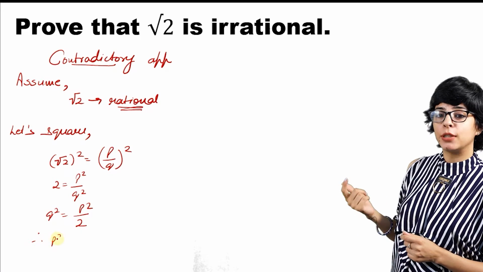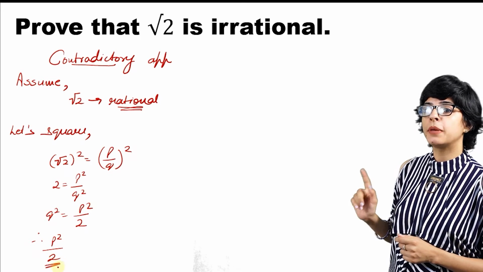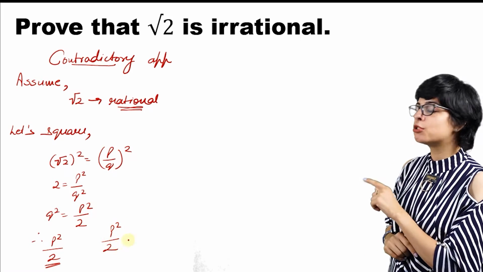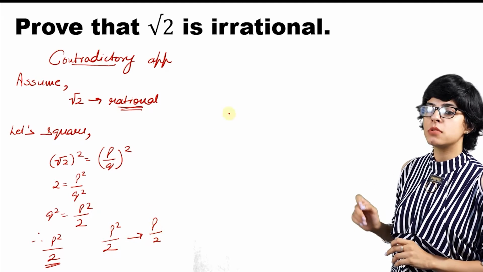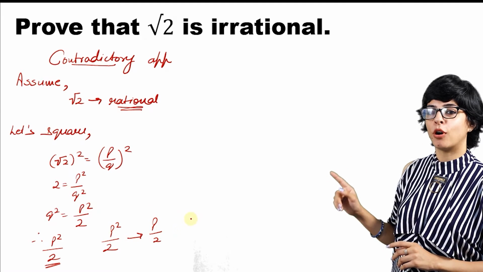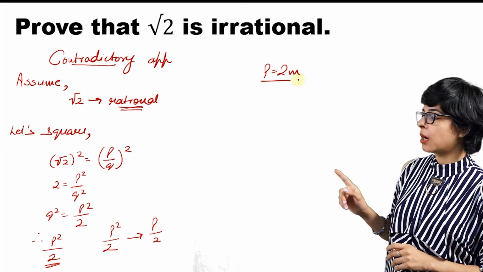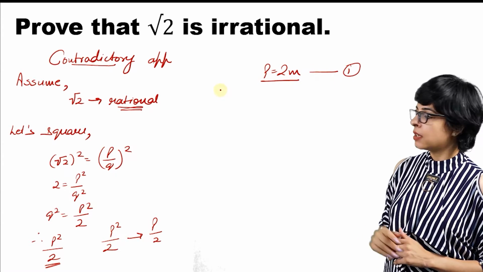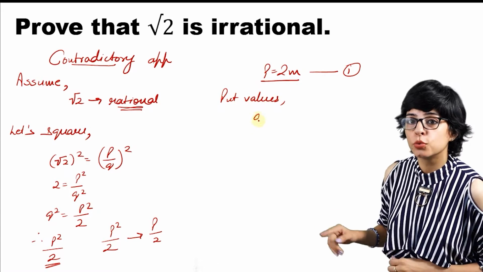Now let us put the values in the equation which we have written above. Q square is equal to p square upon 2. Let's put the values now. As we know, p is equal to 2m according to the first statement, q square becomes 2m whole square upon 2. Then q square is equal to 4m square upon 2, and we can cancel the 4 and 2 and we get 2 in the numerator, and hence m square is equal to q square upon 2.